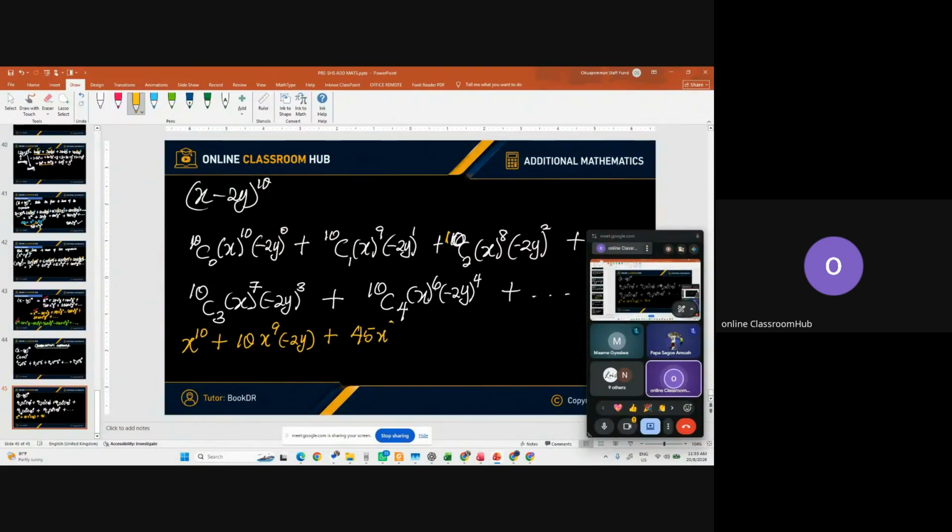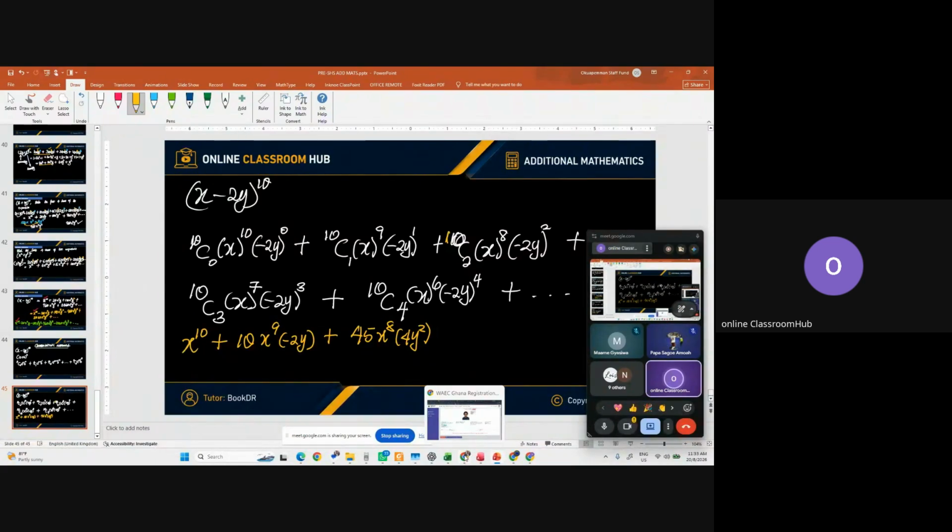Then x raised to the power 8. Negative 2y raised to the power 2 will give us positive 4y squared. When you square a negative number, it becomes positive. What you guys normally say, nega nega po. Nega nega po.